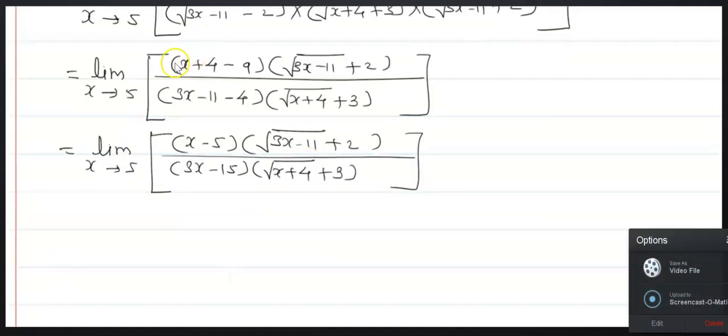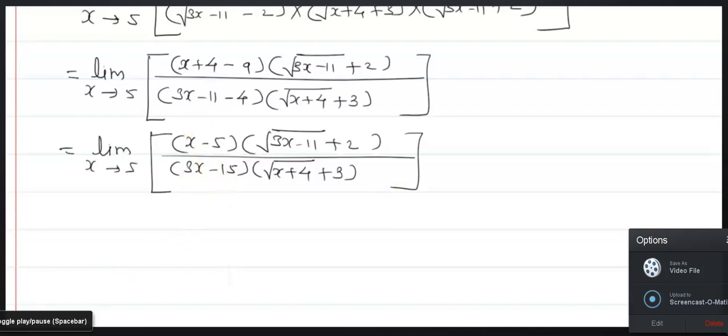Now see this here, x plus 4 minus 9 means what? After simplification you will get x minus 5, into root of 3x minus 11 plus 2. And what about this? That is 3x minus 15. Take 3 as common. Then x minus 5 gets cancelled.